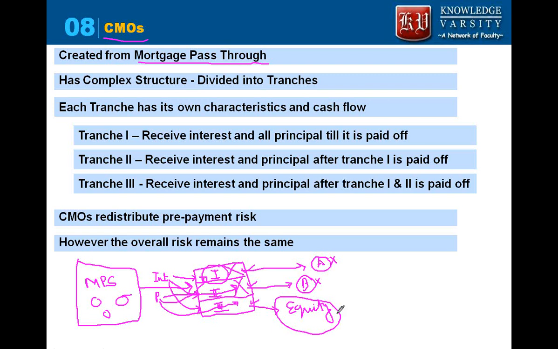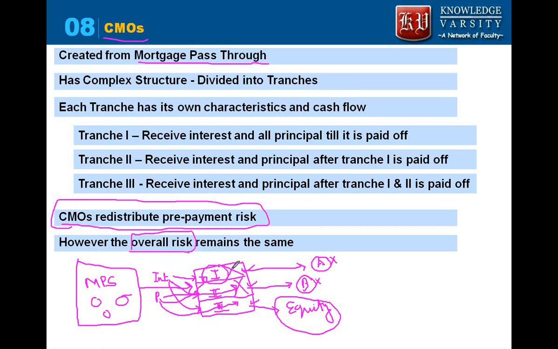Whatever prepayment was coming, the equity tranche was not getting the prepayment. The prepayment was absorbed by tranche A, tranche 1, sorry. So tranche 1 has the highest prepayment risk. So we can say CMO distributes the prepayment risk, but the overall risk does not change.